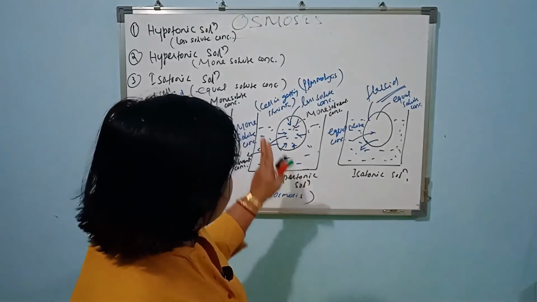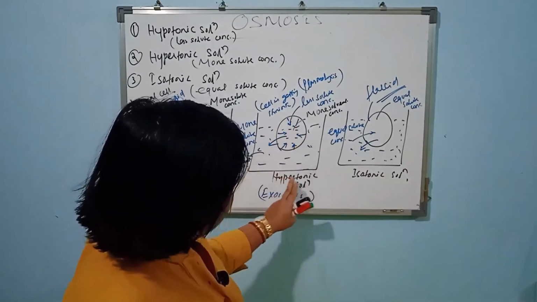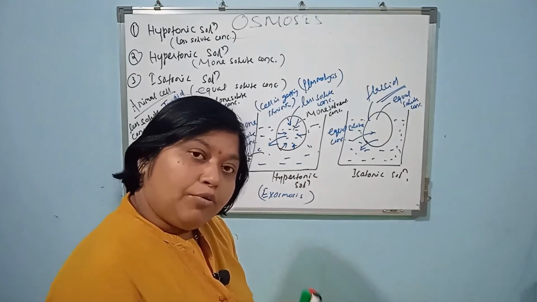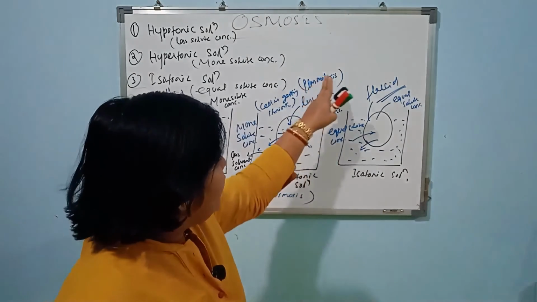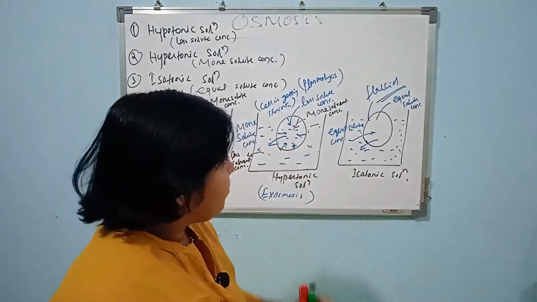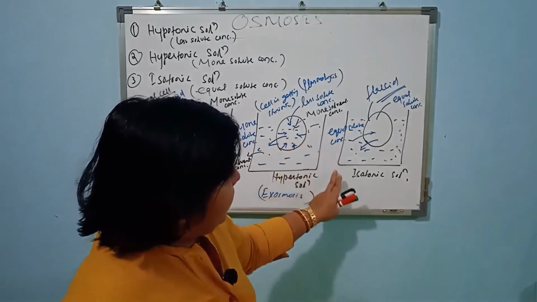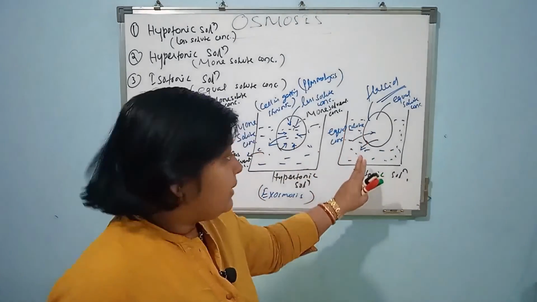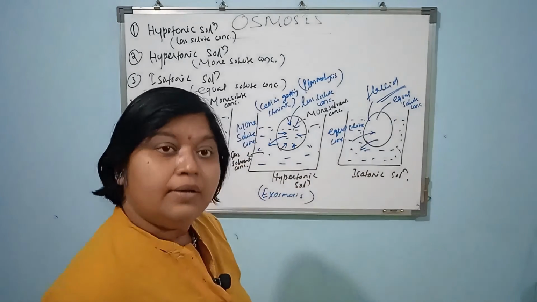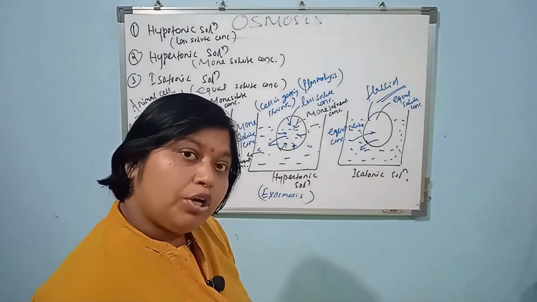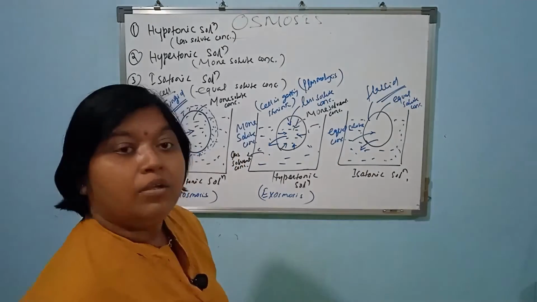If we place a plant cell in hypertonic solution, what will happen? Here also the plant cell will lose water, the plasmolysis process will occur, and the plant cell will shrink. And in case of isotonic solution, if you put a plant cell in this solution, the plant cell will neither absorb more water nor lose water.